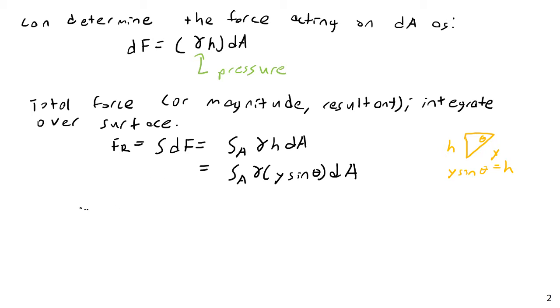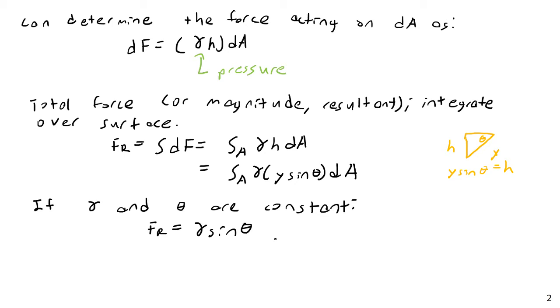But if gamma and theta are constant, as in most cases with our fluids, we can pull out gamma because it's not varying if the fluid is incompressible. So FR is equal to gamma sine theta times the area integral of y dA.